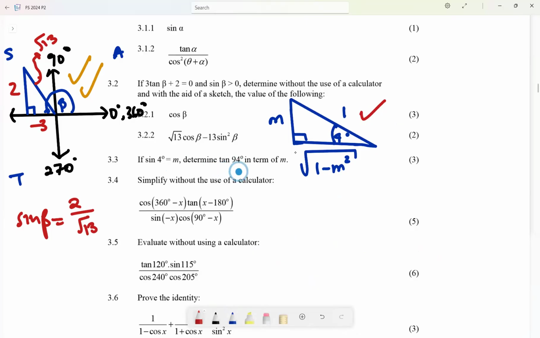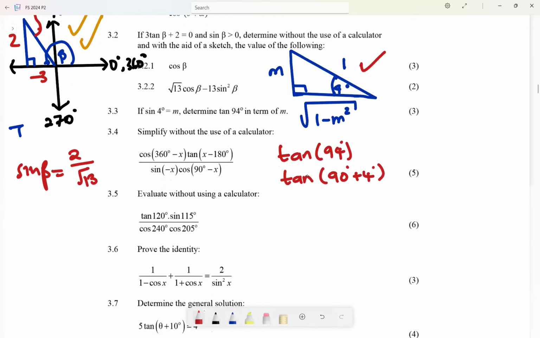Then now they want what? Tan 94. Remember, you're trying to reduce into a small angle, an acute angle. Remember, 94 is big, so this you can make as tan of 90 plus 4. Please respect the degrees. But now remember, we have what we call... I don't know why, I always forget this name.